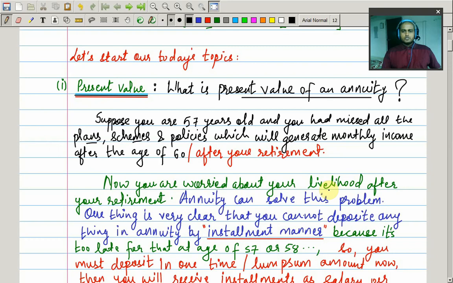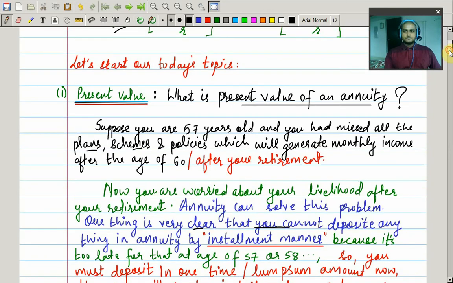Now you are worried about your livelihood after your retirement. Annuity can solve this problem. One thing is very clear, that you cannot deposit anything in annuity by installment manner because it's too late for that at the age of 57 or 58.